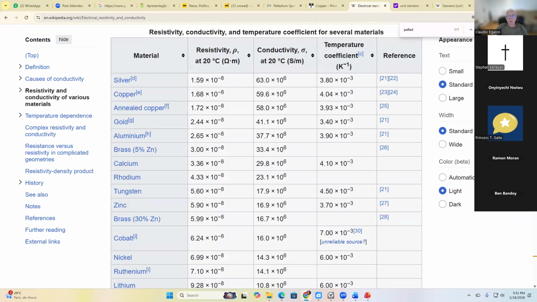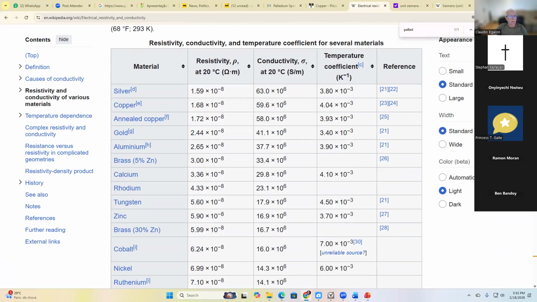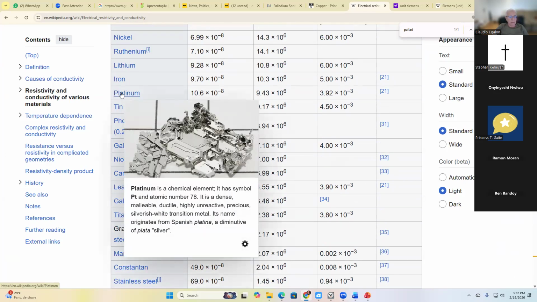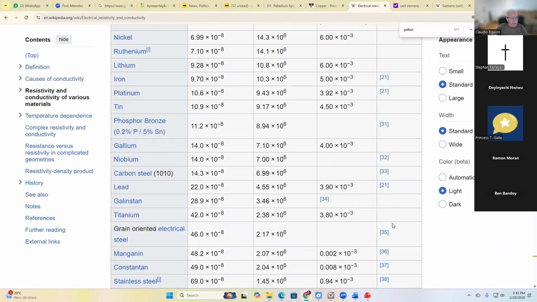There are many other metals out there. Copper, gold, aluminum, brass, calcium, rhodium, tungsten, zinc, cobalt, and so on. Nickel, ruthenium, all those are metals. Platinum right in here, Pt, the symbol of platinum. For some reason, they didn't put palladium there.